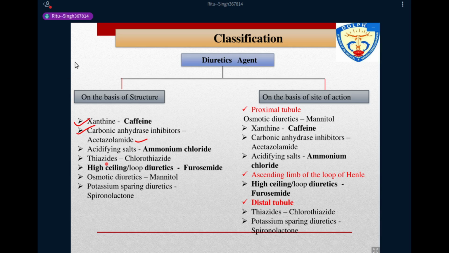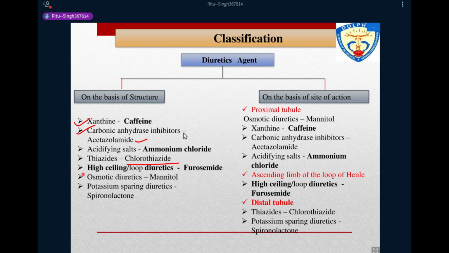But these thiazide drugs don't have antibacterial activity. Only the structure resembles antibacterial drugs like sulfonamide, but they don't have any antibacterial activity. The example of a thiazide diuretic is chlorothiazide.